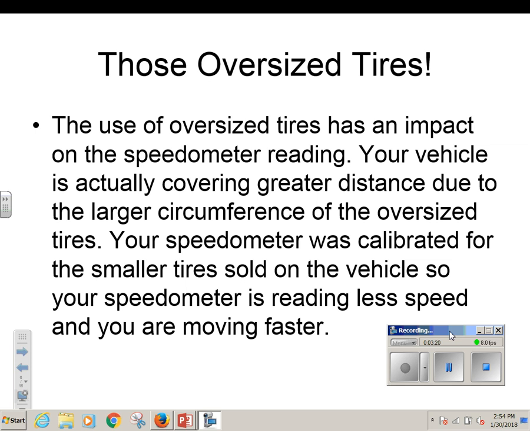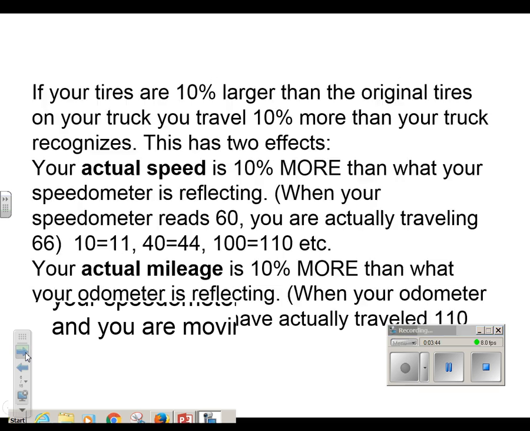Your vehicle is actually covering a greater distance every time your tire goes around because of the larger circumference of the oversized tire. Your speedometer is actually calibrated for the smaller tires which are sold on your vehicle. So your speedometer is reading a lesser speed and you are moving actually faster because you're covering more distance in the same amount of time as your axle's rotating.